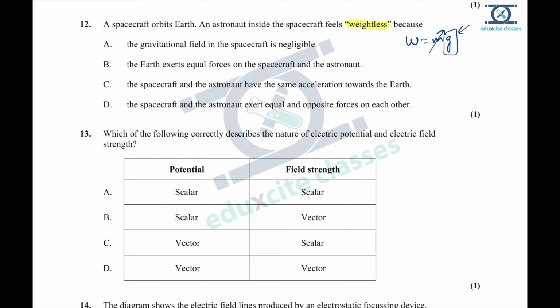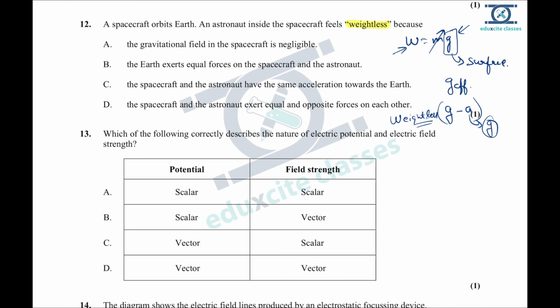What we consider is the effective weight, or the apparent weight. At the surface, first of all, it is this. Now if you are in a spacecraft, this is called g effective. In weightlessness, it is g minus a. If a also equals g, then this case gives you the weightlessness condition.